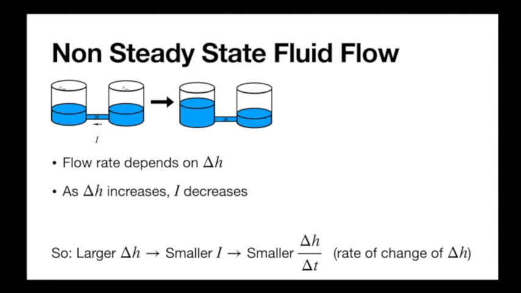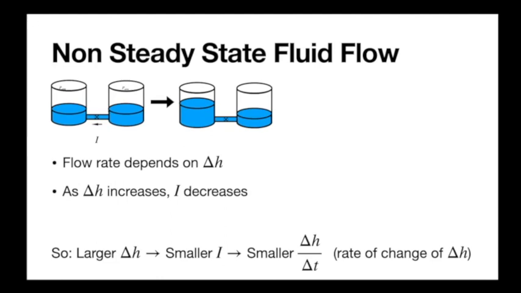The left will shrink and the right will grow. I guess here it's the opposite, where I'm displacing water from the right to the left, and so the height on the left shrinks and the height on the right grows. And so H and I are related that way as well. The flow rate causes the change in height, if that makes sense. As fluid flows over time, the height grows.